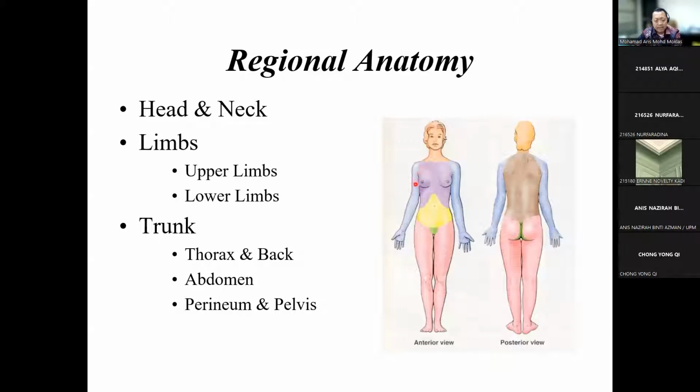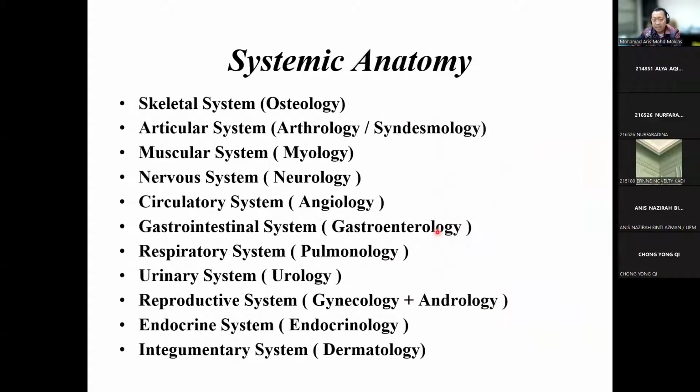The limbs can be divided into upper limbs and lower limbs, and also the trunk. The trunk consists of the thorax and back, abdomen, pelvis, and perineum. So this is how you learn anatomy, regional or systemic. For systemic, it's based on the system, for example, the skeletal system, articular system, muscular system, nervous system, and so on.